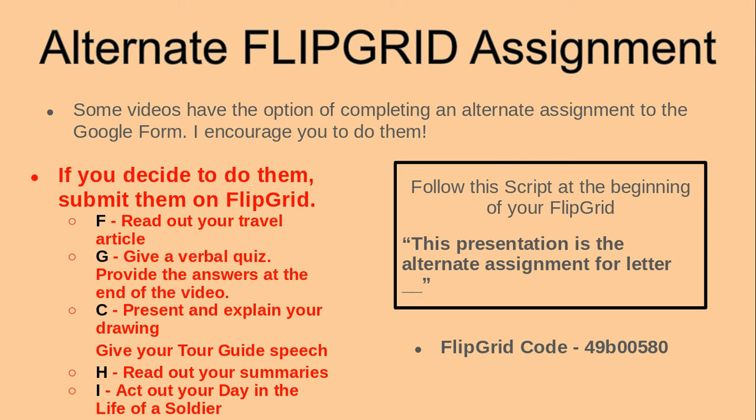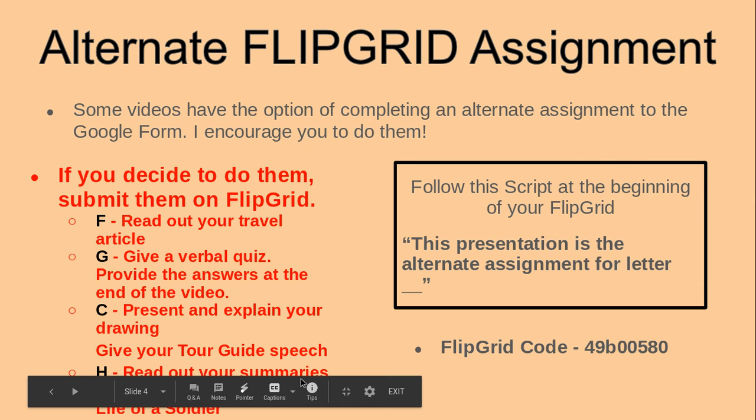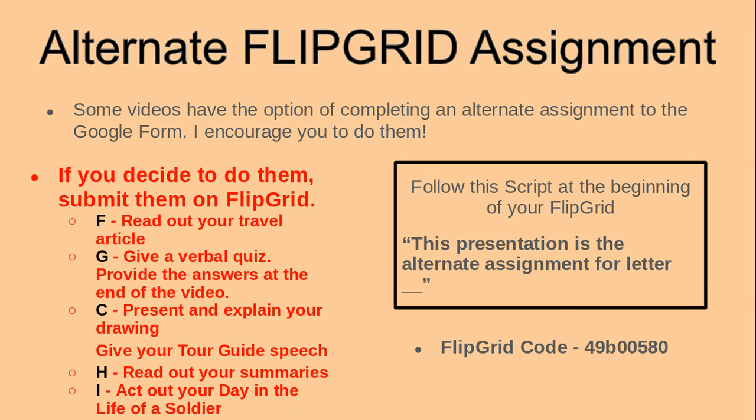So it's very possible that for some of you, I will have the Google form for day one for section A. And then you decide to watch the videos in G and did the alternative assignment and did the Flipgrid for that. Then on day three, you decide to do section C and did the Flipgrid for that.